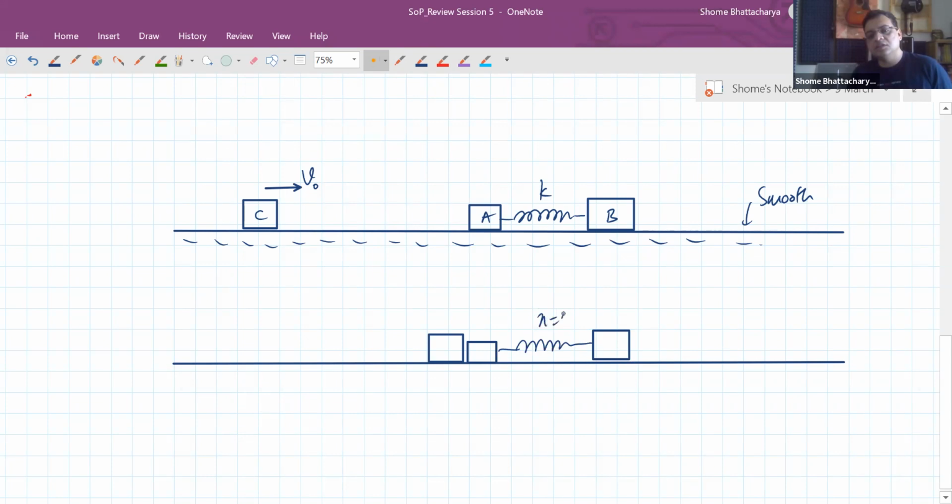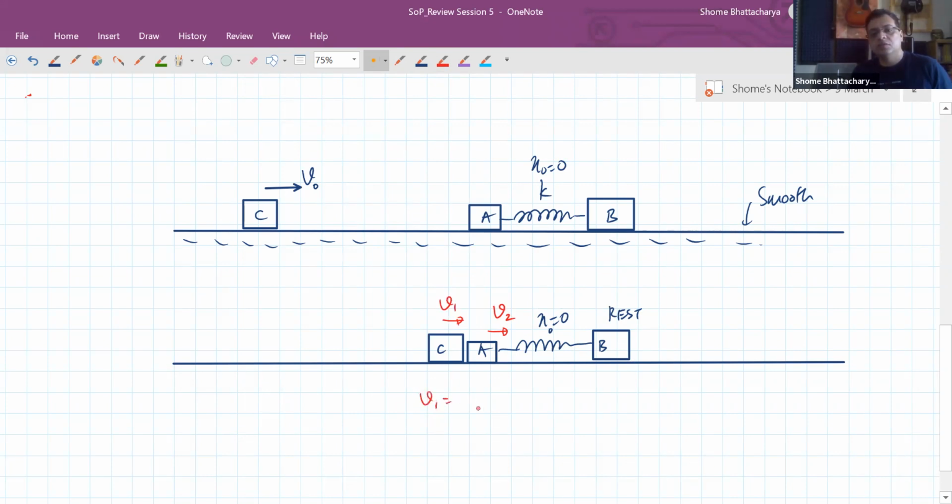So the spring is still in the zero extension or zero compression state. B is still at rest. But A has now got some velocity. Let's say that velocity is V2 and C has got some velocity, let's say that is V1.